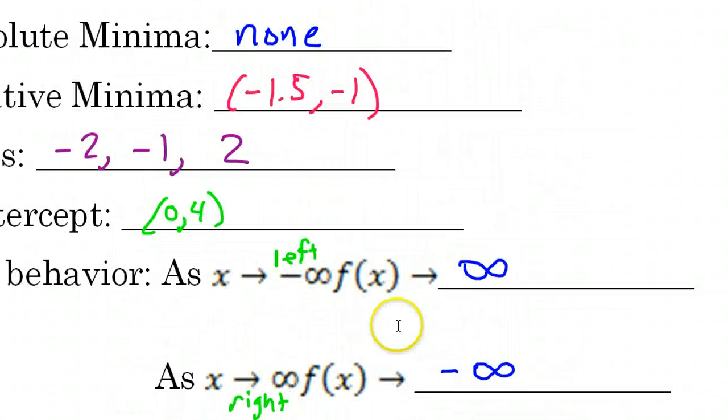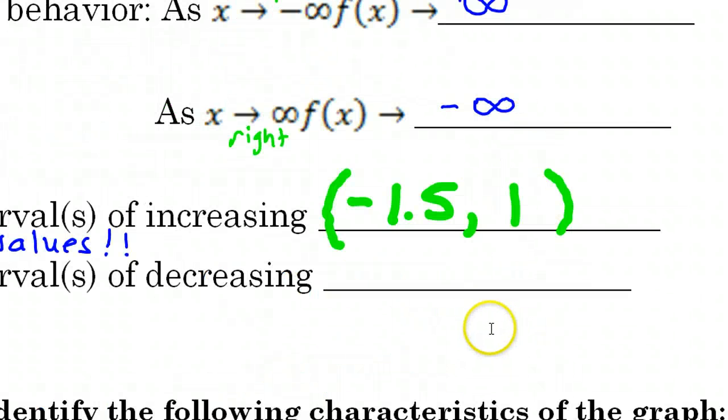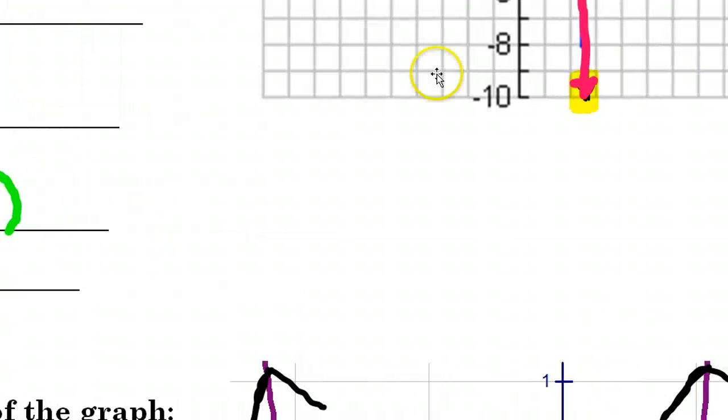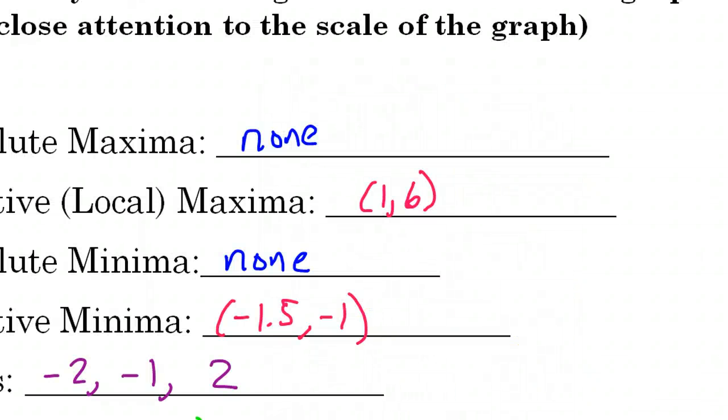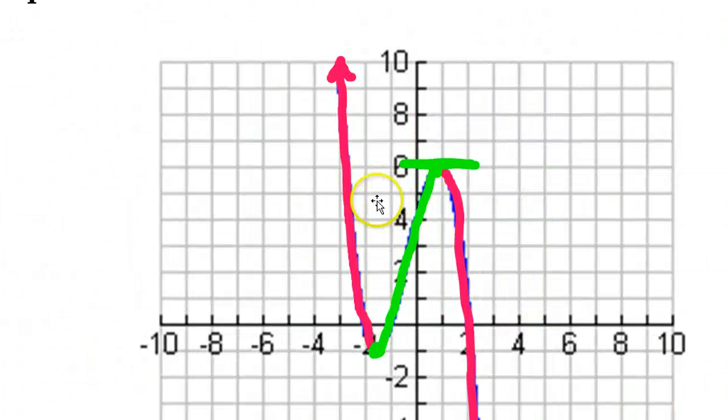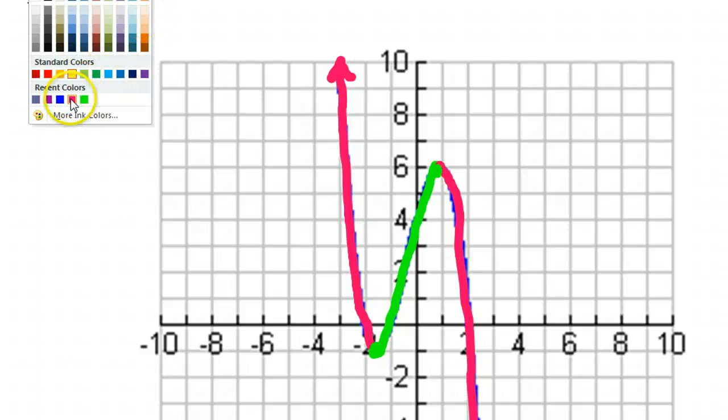Now let's talk about intervals of decreasing. The decreasing intervals are these ones I've shown here in pink. Now you can see the cutoff here as far as the decreasing interval. Let me use my highlighting again.